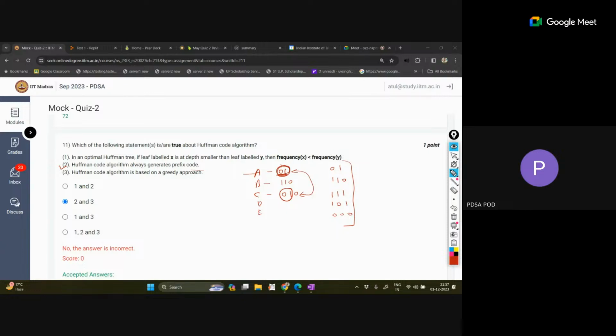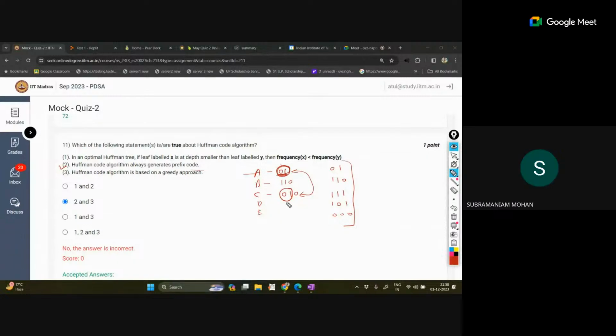Okay. So you explained that the codes will not be repeated in any row? Not repeated means I'm just saying that any complete code cannot come as the prefix of any code.